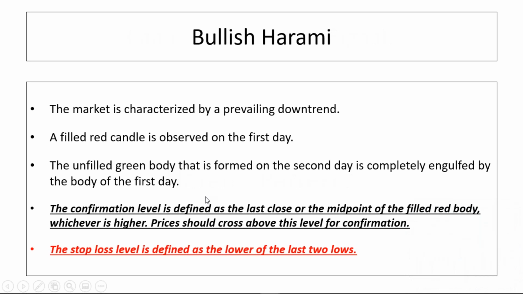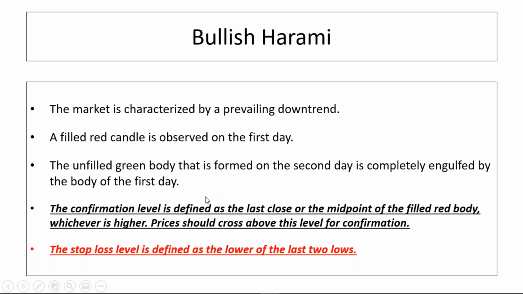Let's talk about what we want to look for first. We first want to look for a prevailing downtrend. Okay, this is a bullish pattern. We're first talking about a bullish Harami. So this is a pattern that you would analyze and identify so that you would potentially buy the stock. Okay, this is a bullish pattern.